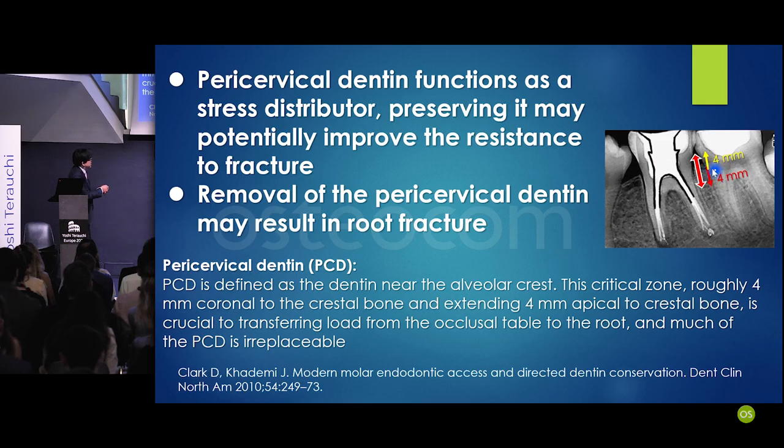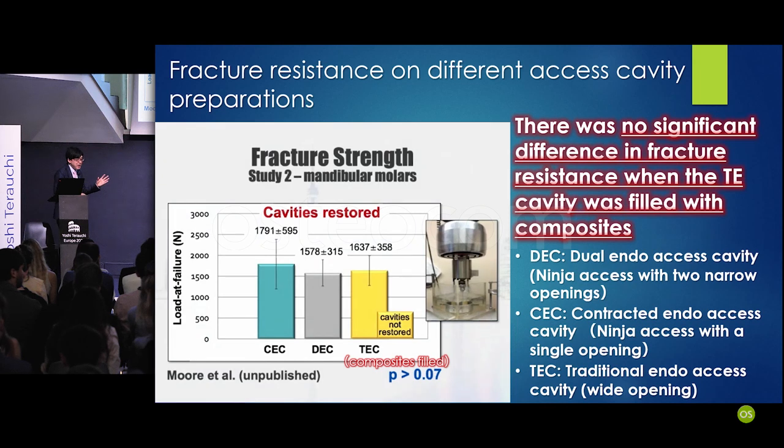So this area. If you take out lots of dentin from the pericervical area, you will reduce the resistance to the vertical root fracture. So if you did that, it's never too late. If you remove pericervical dentin, you can just place composite in the defect. Then the tooth will be resistant to vertical root fracture. If you don't do that, the tooth will be susceptible to vertical root fracture.